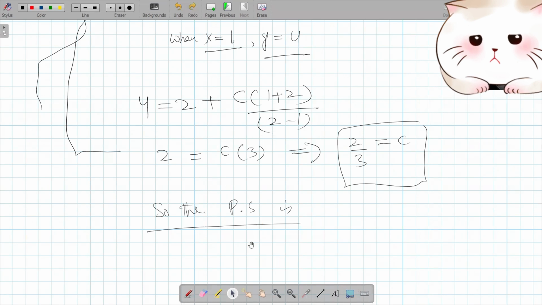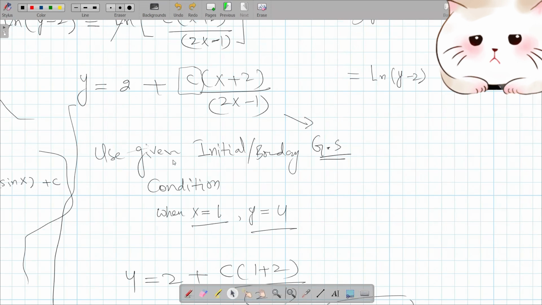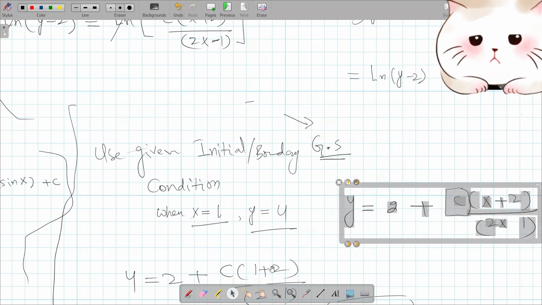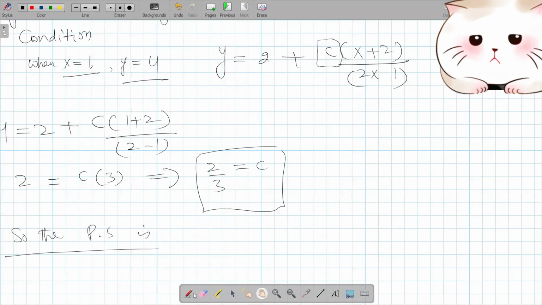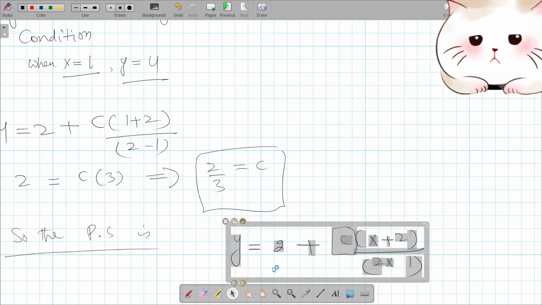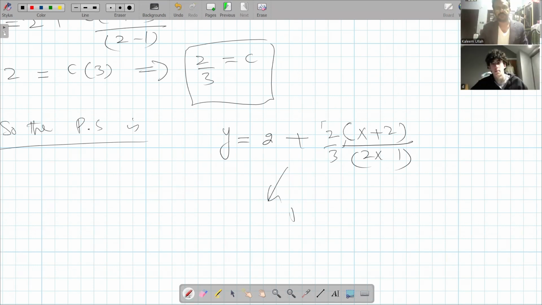You unselected it. Just take the general solution, right? No problem. I am learning this software. So this is the general solution, and replace the value of c. Just replace the value of c. c is equal to 2/3. This is the particular solution.